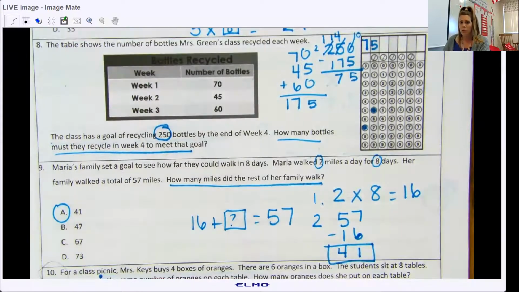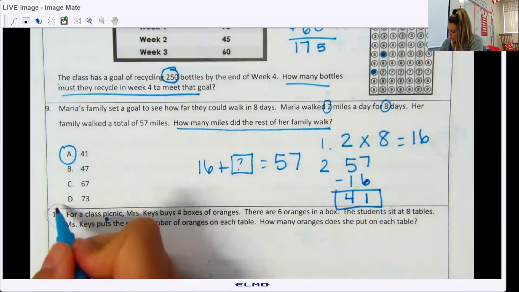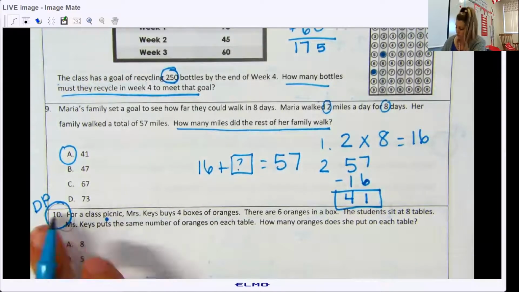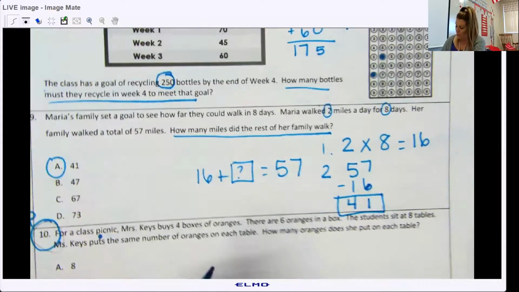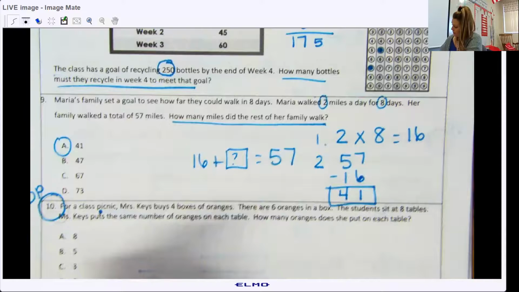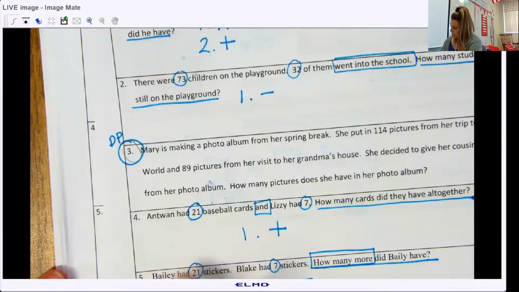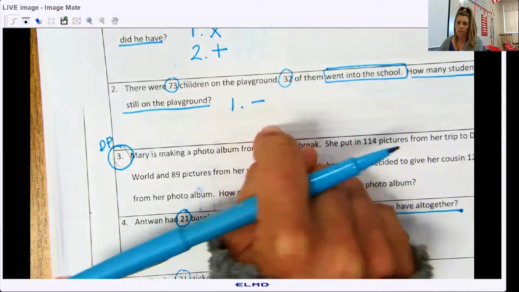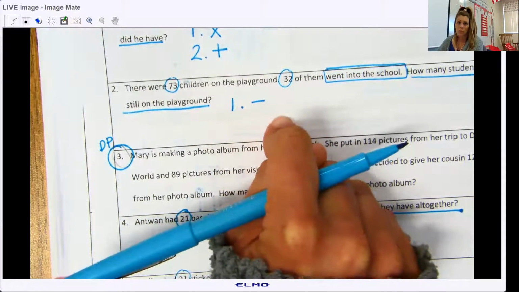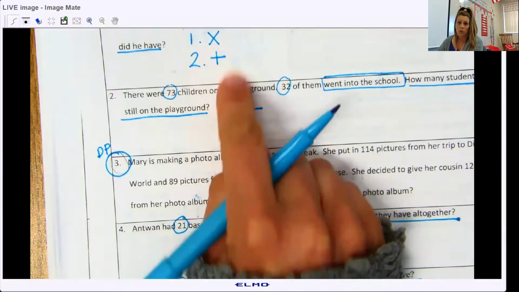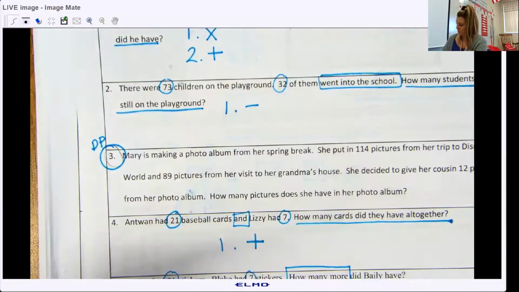All right, friends, you are also going to do number 10 on your own. That is your discussion post for today. You've got discussion post number 10. That's where you would just write A, B, C, or D. But remember, on that front page, discussion post for number 3, you're going to either tell me one step and what you would use, or 2 steps and what 2 symbols you would use, okay?